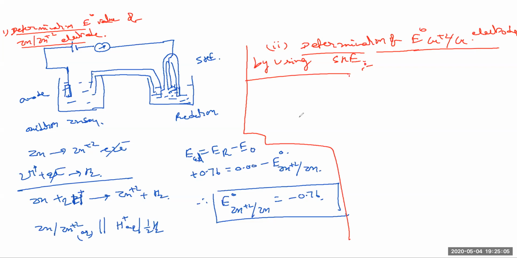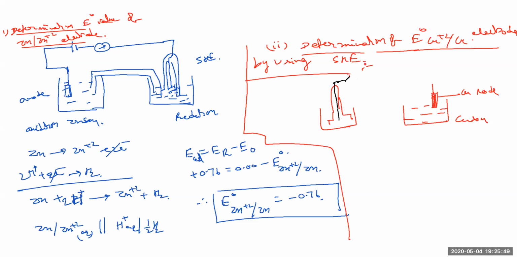That means copper should be reduced and hydrogen should be oxidized. This is the half cell: a copper rod placed in copper sulfate, CuSO4, and this is the hydrogen electrode with platinum wire.